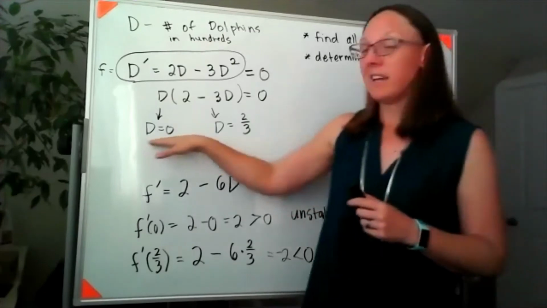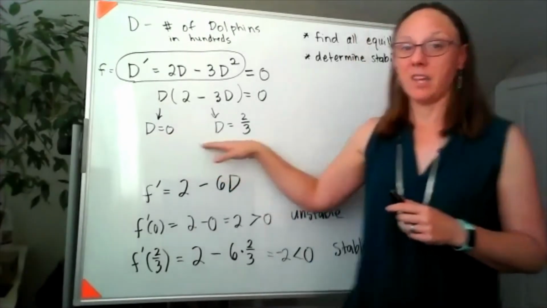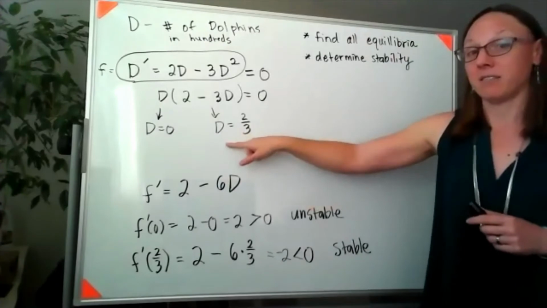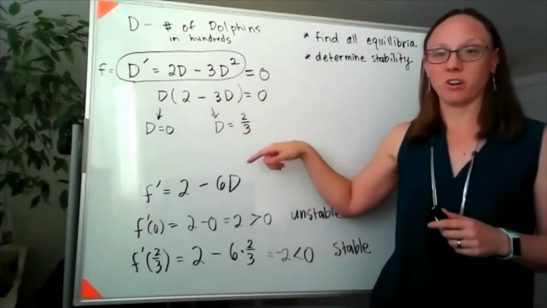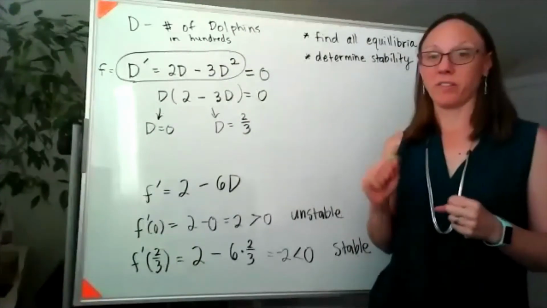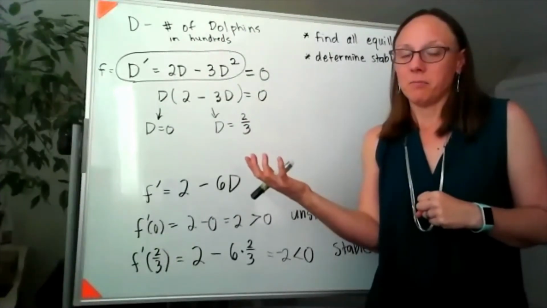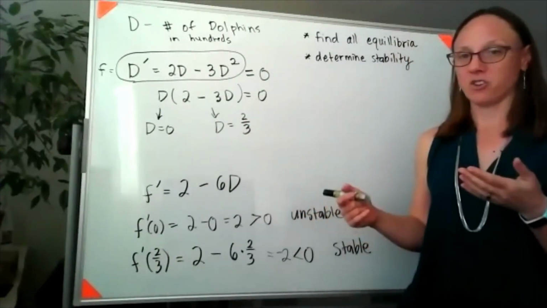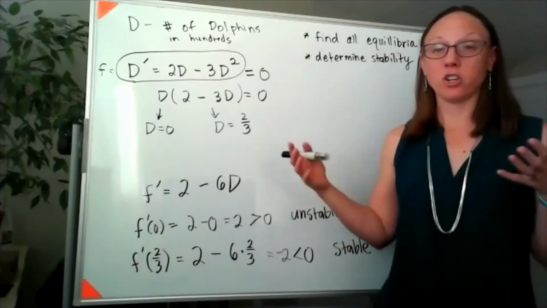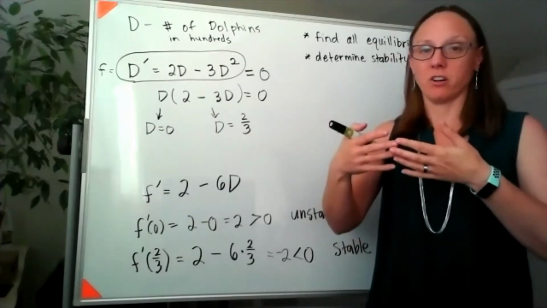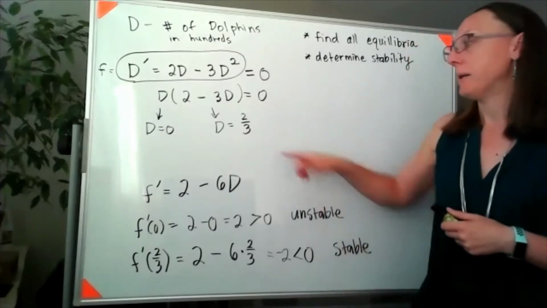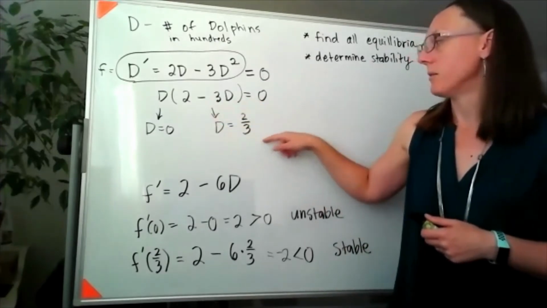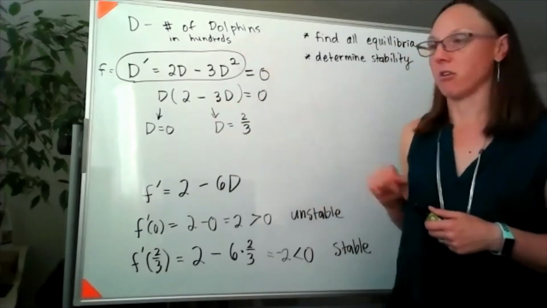Because 0 is unstable, and we do have a stable equilibrium here at 2/3, whether we start with more than 2/3 or less than 2/3, either way, in the long term, we're going to head towards 2/3. So the long-term behavior for this population would be to tend towards 2/3 of 100 dolphins.